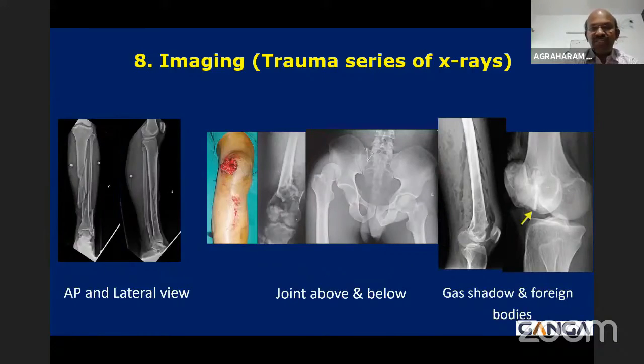And one more important use of x-ray is that the extreme right picture shows extensive soft tissue gas shadow seen just next to the bone, which tells us that there is an open wound which has sucked in contaminant materials and also air up to the proximal third level, which is very important to open properly and then debride to the level where the gas shadow is seen. Otherwise, there is a possibility of infection of the tissues.